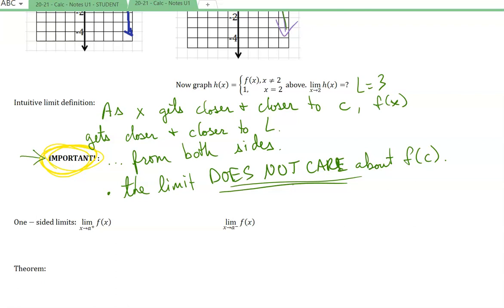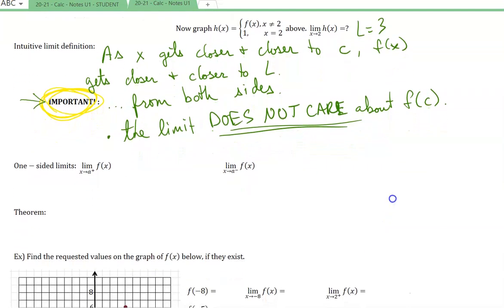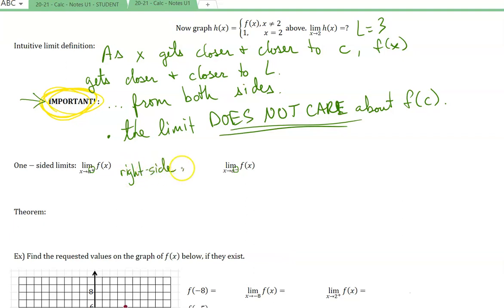Now we do have such a thing as one-sided limits, and the difference with the notation is we have a little plus sign or a little minus sign as a superscript, up and to the right of whatever constant goes down here. If you see a plus sign, this means we have a right-sided, or right-hand, limit.